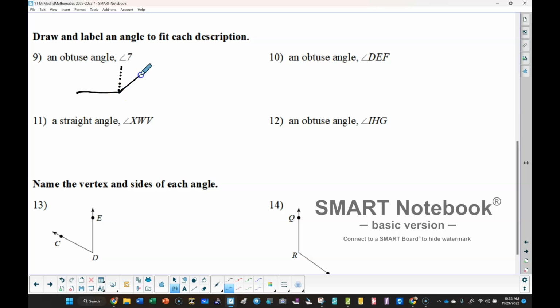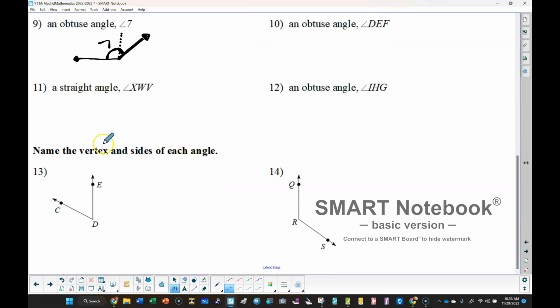Pretend that's invisible there. I'm showing that this is 90, but my angle is larger. They want me to give it the name of angle 7, so I'll do that. You can do the rest of those, so I don't think there'll be any issues.